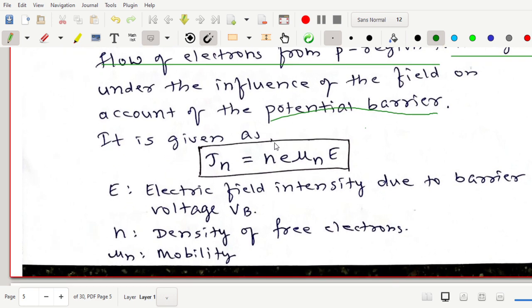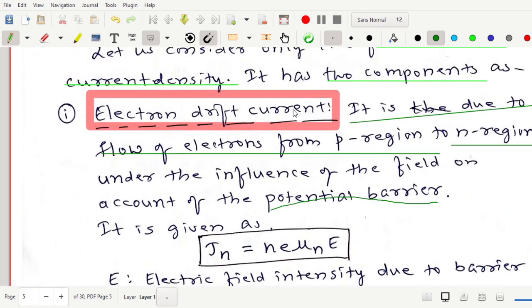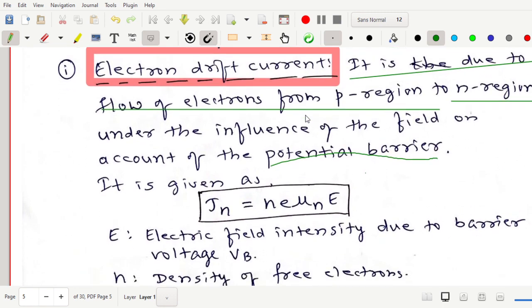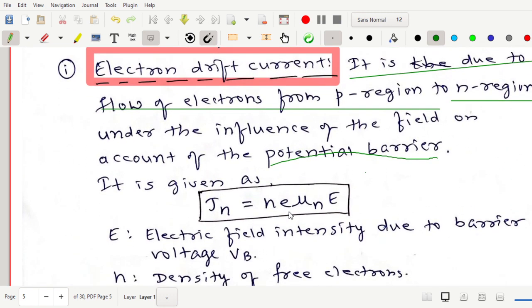So now this electron drift current is given by Jn is equal to n e mu subscript n and capital E. So this is the expression for electron drift current.